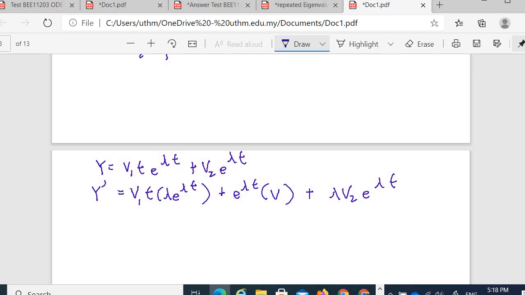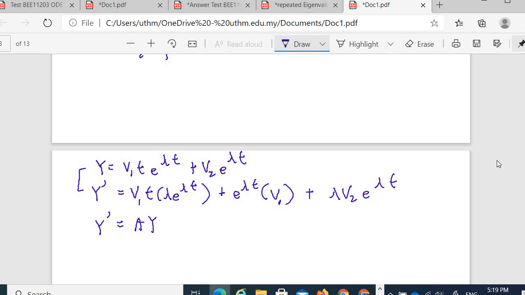Using the product rule, this is u, this is v prime, and then this is v, this is u prime. And for v2 exponent lambda t, you get lambda v2 exponent lambda t. So plug these two now into your y prime equal to ay.